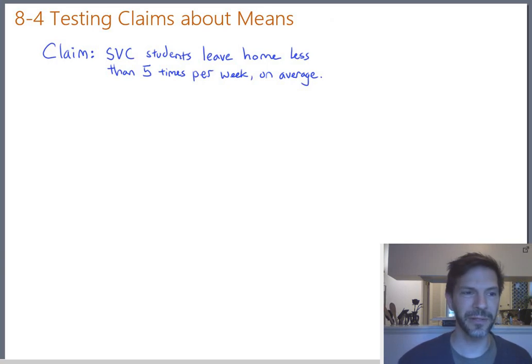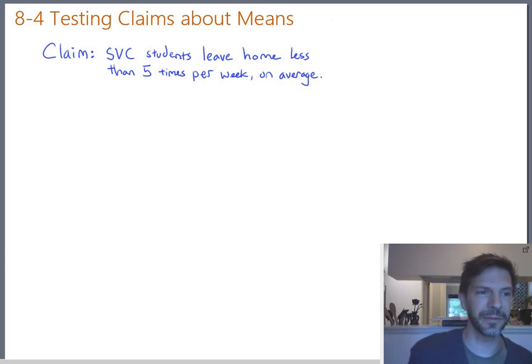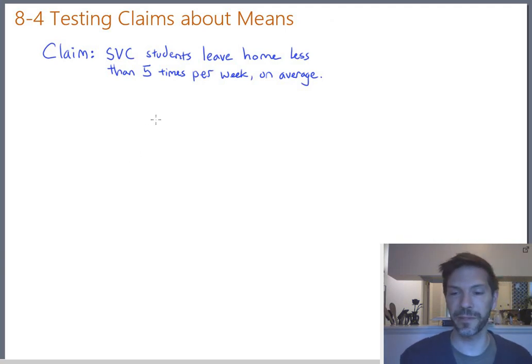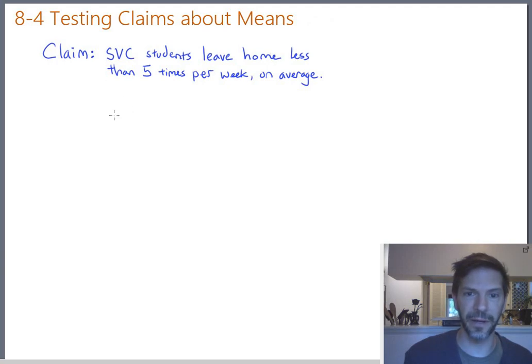And we're already capable of writing down the null and alternative hypotheses. Let's say less than 5 on average. So that's the average, and this is the symbol for a population mean. The average μ is less than 5.